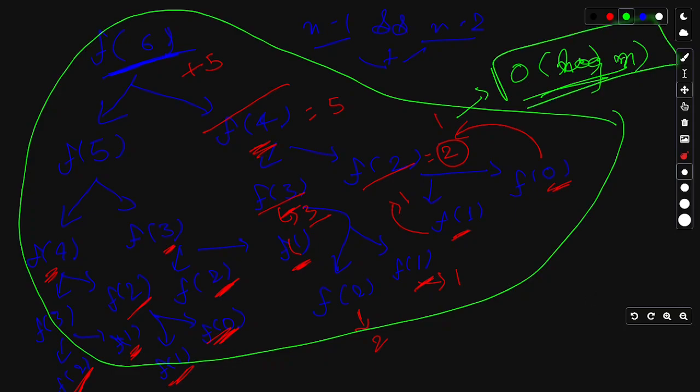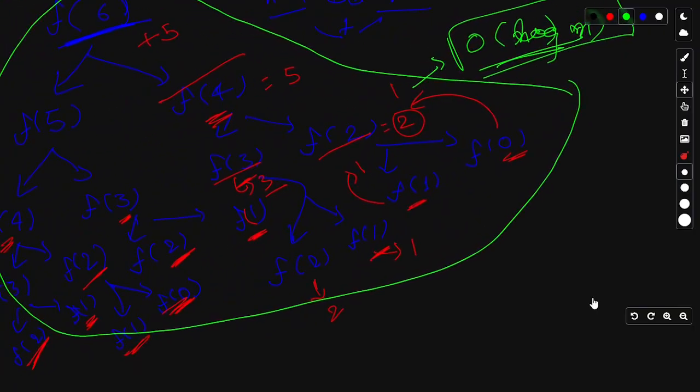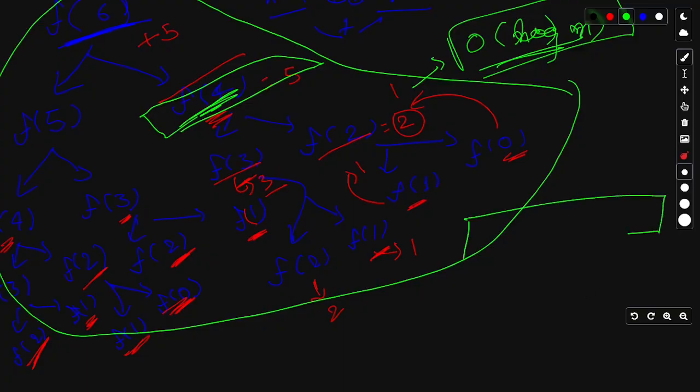And we can decrease this time complexity by essentially saving all the solutions of these problems. If we got f of 4, we can save f of 4 in an array somewhere at index 4, with the solution 5, and f of 3 we can store as 3.